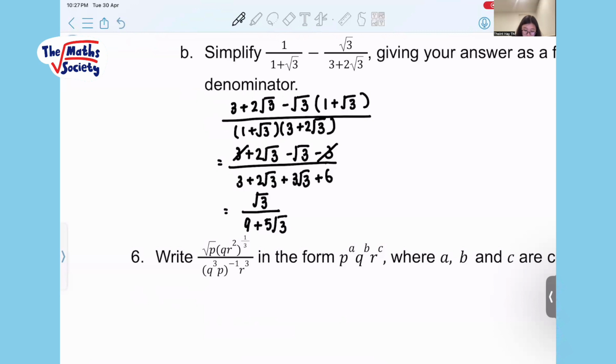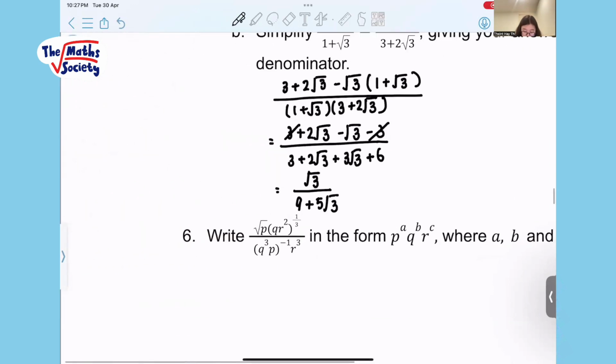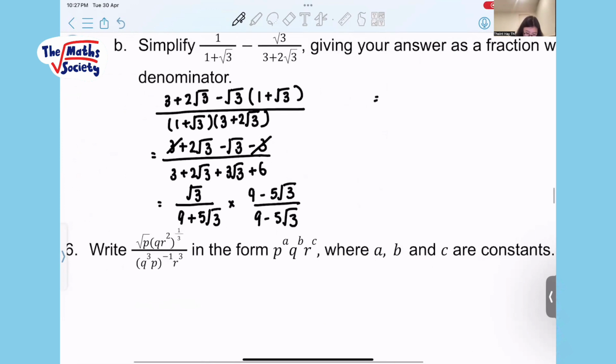So we have to simplify and make sure that the denominator is an integer. So we need to multiply by its conjugate, 9 minus 5 root 3 by 9 minus 5 root 3. So we just move it that way. It'll be 9 root 3 minus 5 times 3 is 15, divided by 9 squared is going to be 81, yeah?